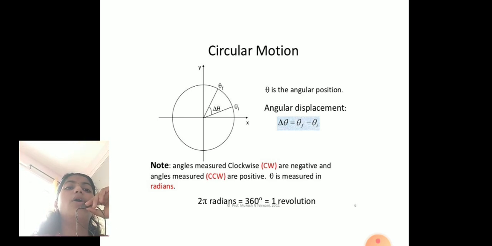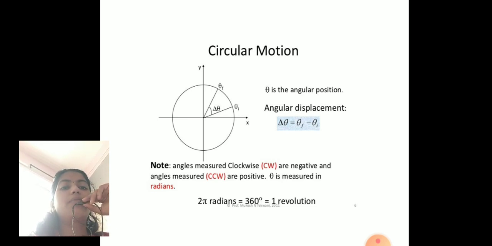To calculate it, we first take the initial angular position and the final angular position, and subtract them from each other to get the angular displacement.